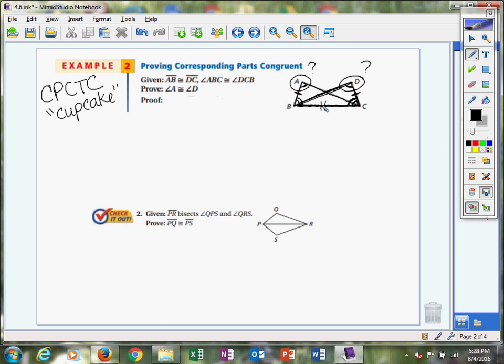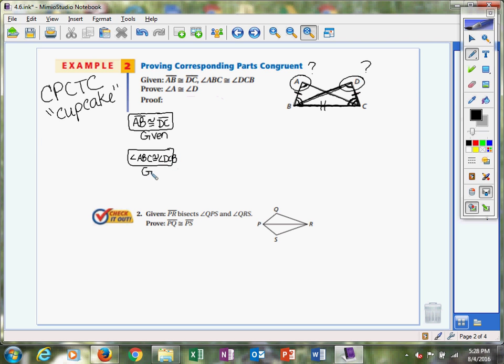All right, so let's do our flow chart. I think we can do a pretty easy flow chart. The first thing we're going to put down here is that segment AB is congruent to DC. Underneath that, we'll put that it was given. Here we're going to put angle ABC is congruent to angle DCB.